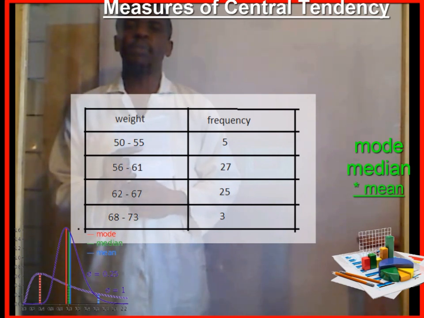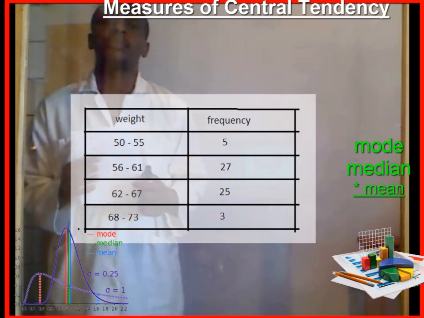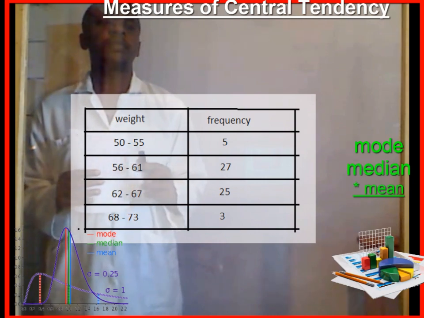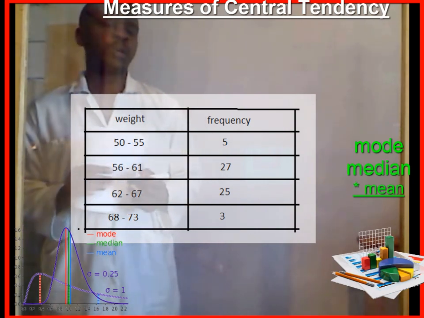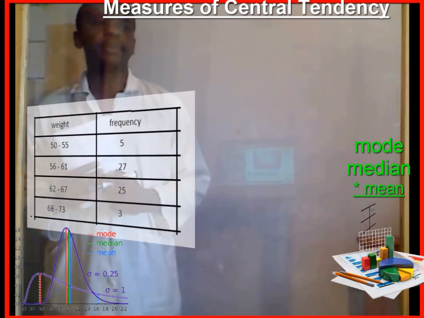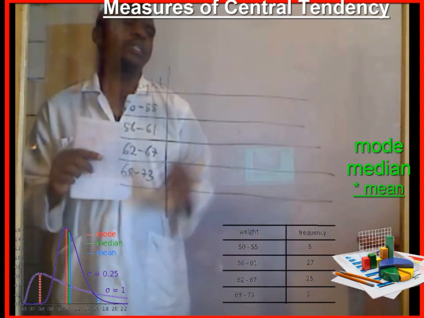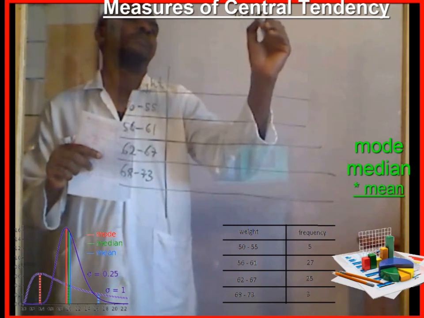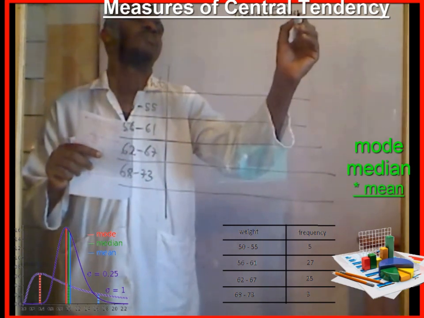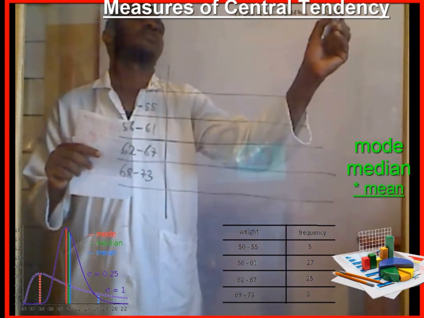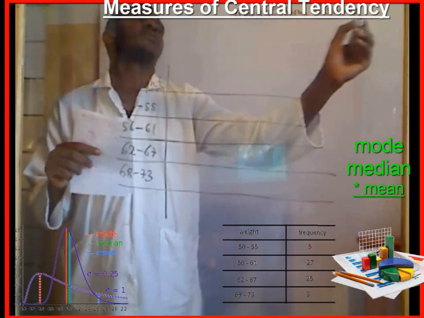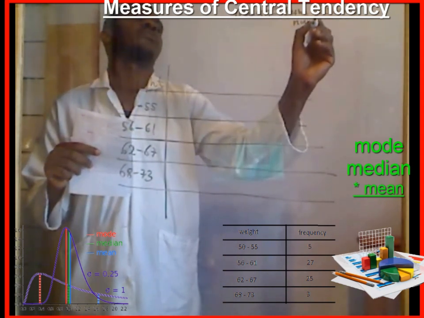How do we calculate the mean of group data? So let's say we have been given this data that has already been summarized in a frequency table. So remember we said to get the mean, we divide the sum of scores all over the number of scores.